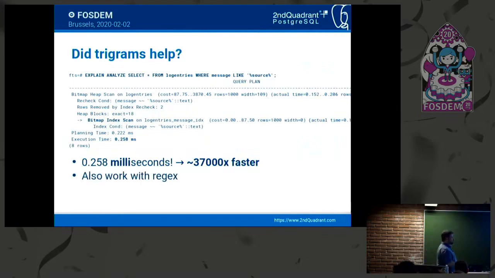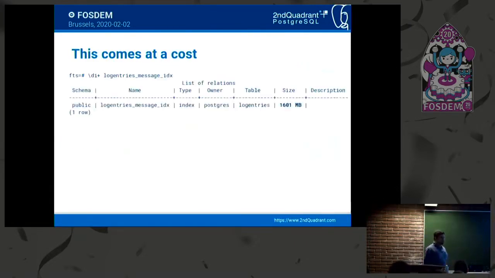It also works with regular expressions. So instead of like, you could have used a regular expression here. But this comes at a cost, and the index is 1.6 gigabytes. It's as big as the table. But if you want rapid, immediate responses, that's the trade-off.